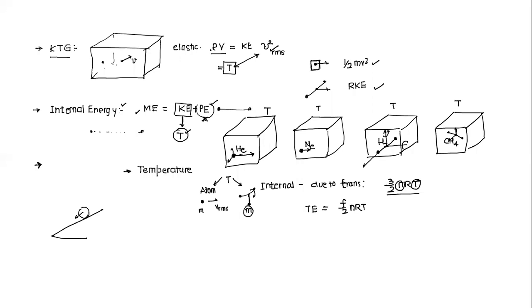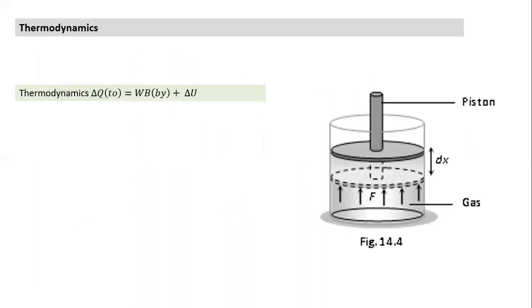Since PV is proportional to T, T is also proportional to the square of VRMS. Hence we get internal energy, the sum of kinetic energy of all atoms or molecules, in the form of temperature. It's a state function. It doesn't matter how we reached that state. That is the important part to understand.